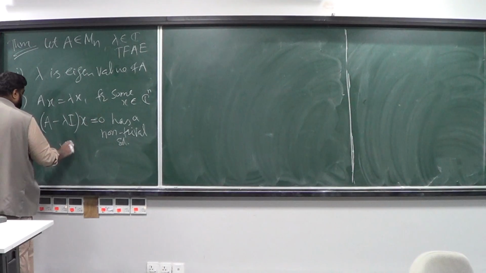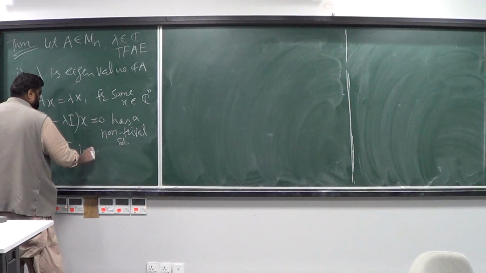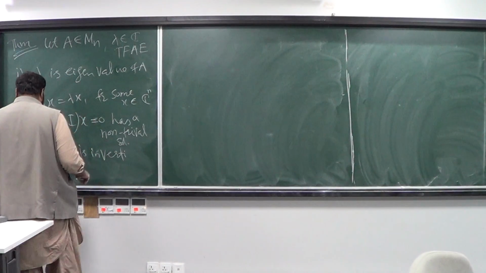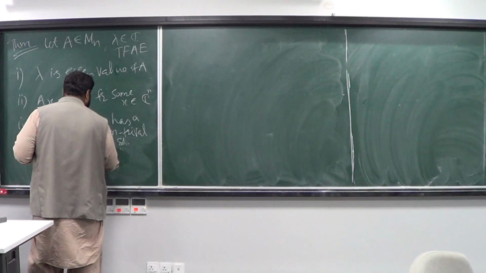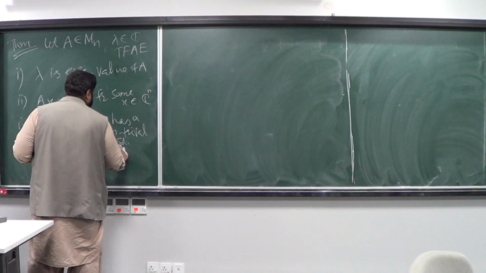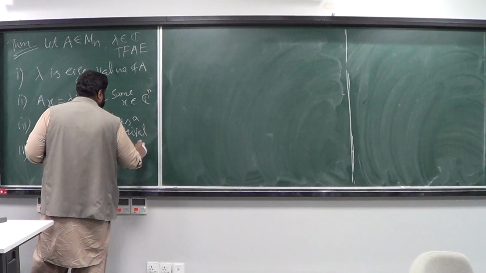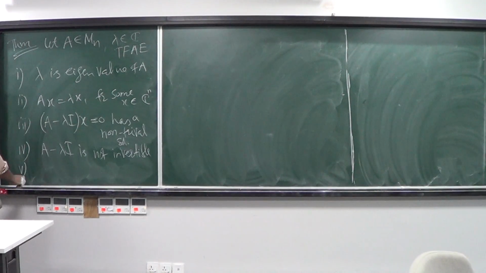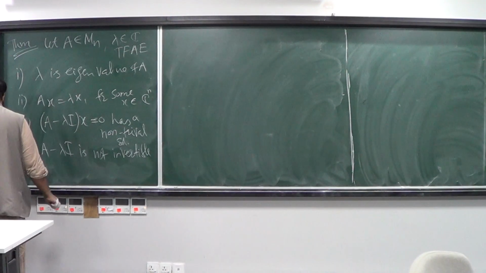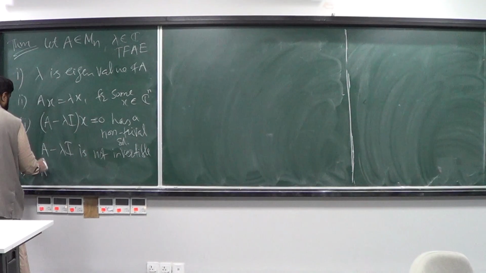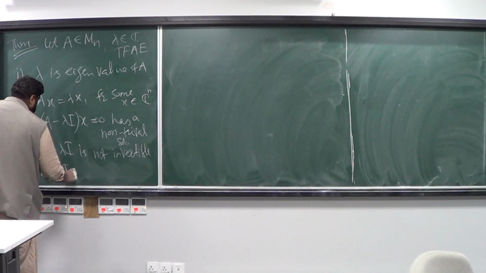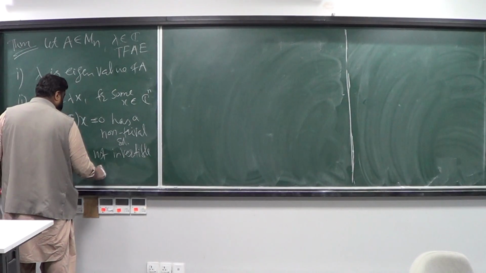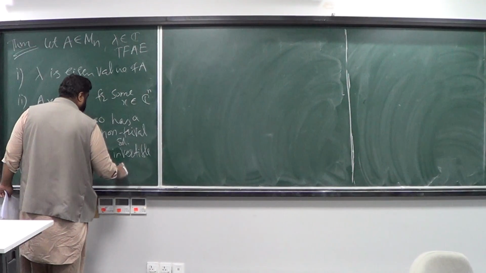The fourth is that A minus lambda I is not invertible. And the fifth is that A transpose minus lambda I is also not invertible.